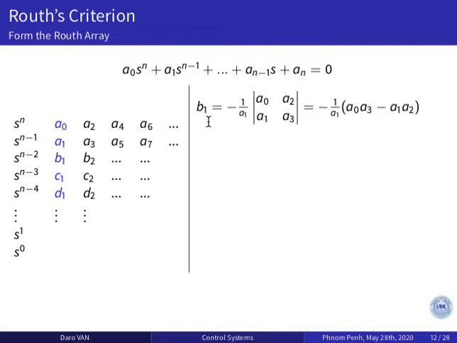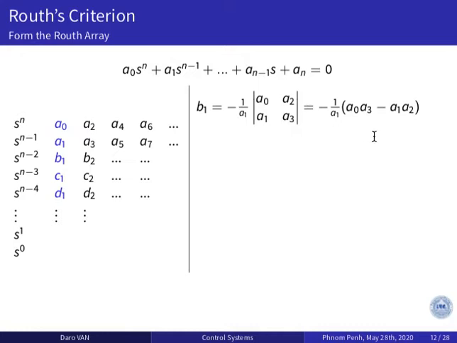For example, b1 is equal to minus 1 over a1, so you have a minus sign, times the determinant of a0, a2, a1, a3.